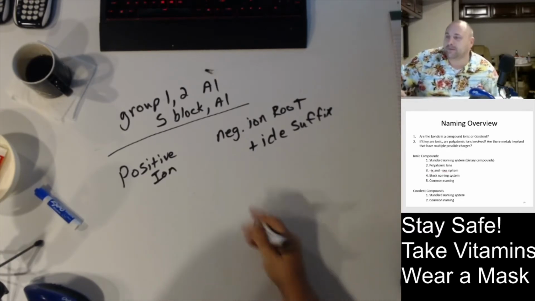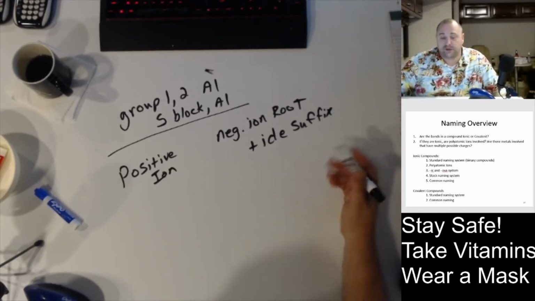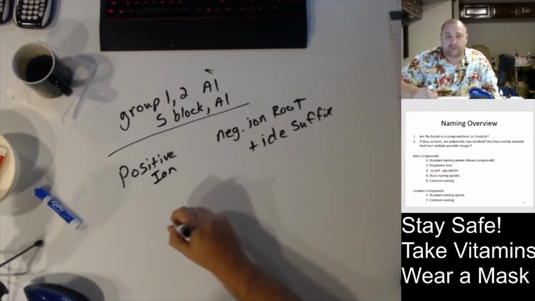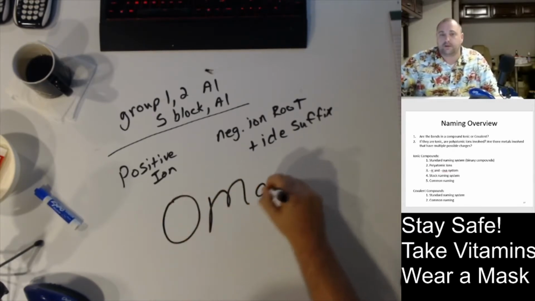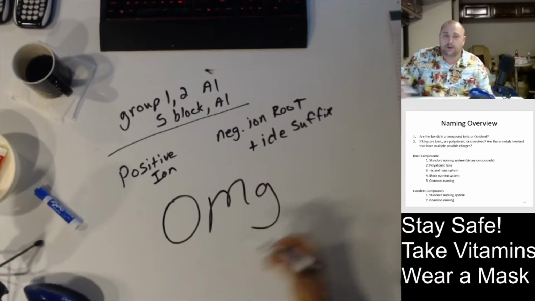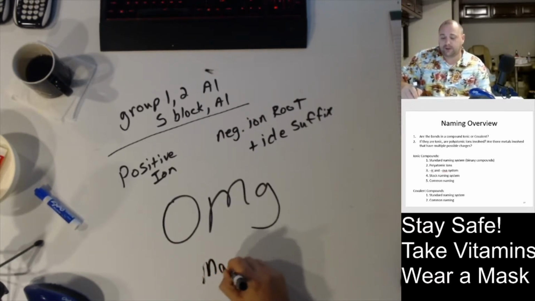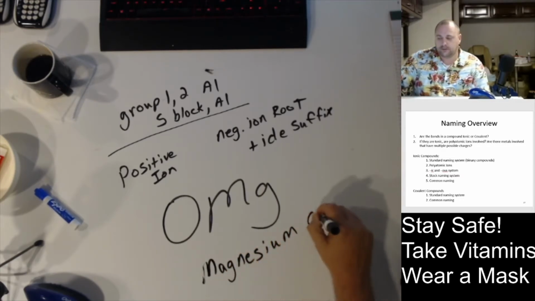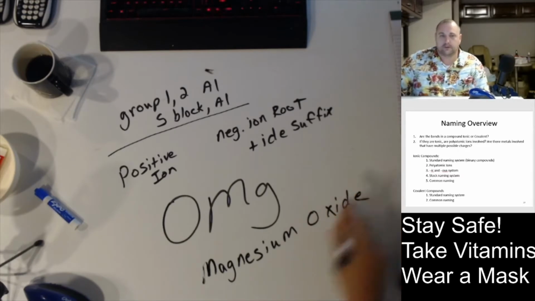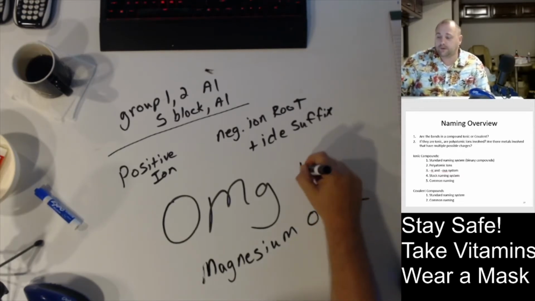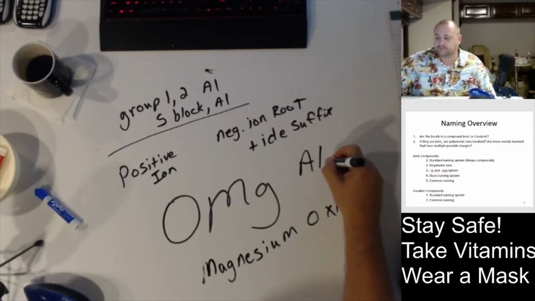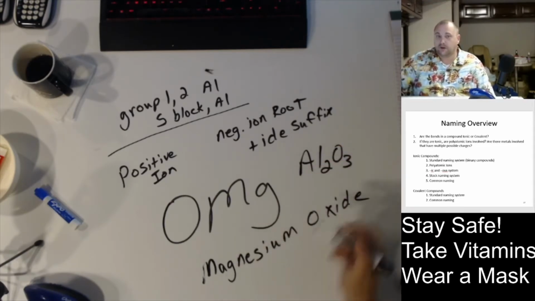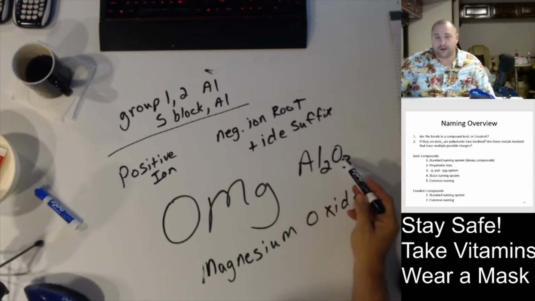All right, so this system's not too bad. Now, occasionally you get some tougher ones. OMG, there's a tough one. We're going to name this. You have to be careful. The magnesium has to come first. Even if we see stuff like this, this is aluminum oxide.